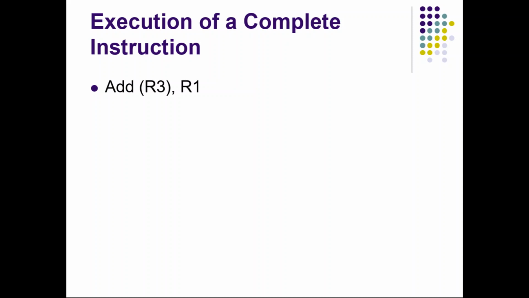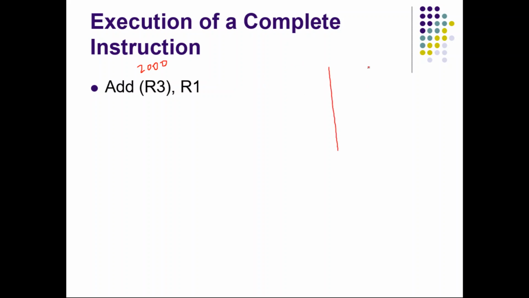So this is the instruction which we are taking. We'll be seeing step by step how this is getting executed. So the instruction is add (R3), R1, but R3 is given within brackets, which represents that it is a memory indirect address. Okay, so R3 contains some content, right? Say if R3 is 2000, then it means that it refers to the value at location 2000.